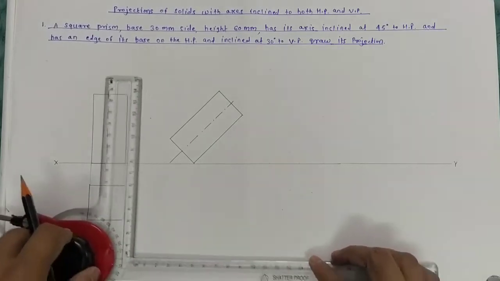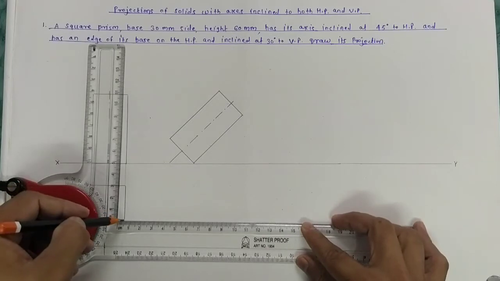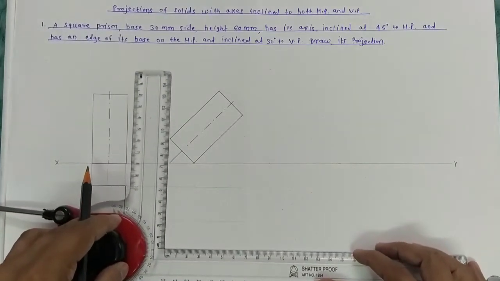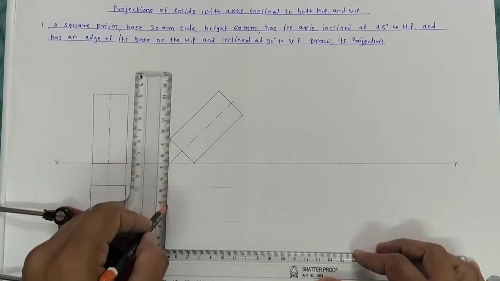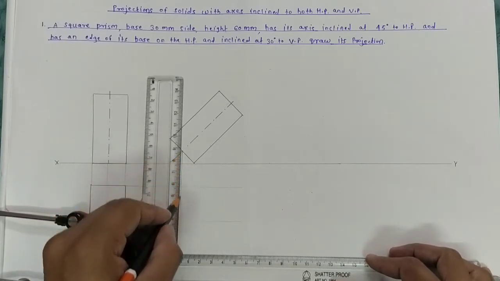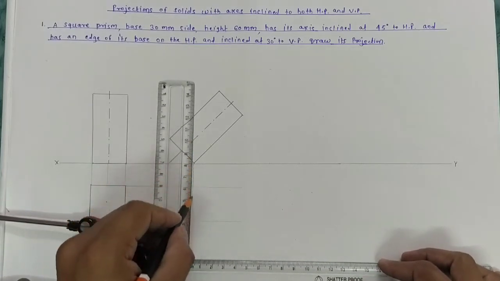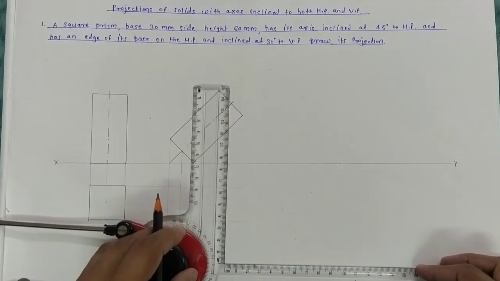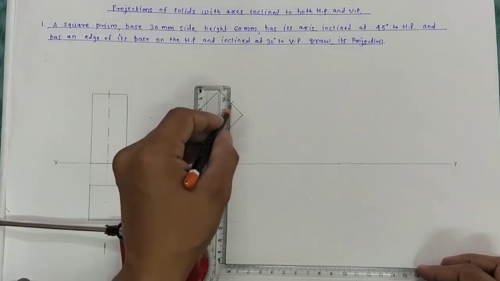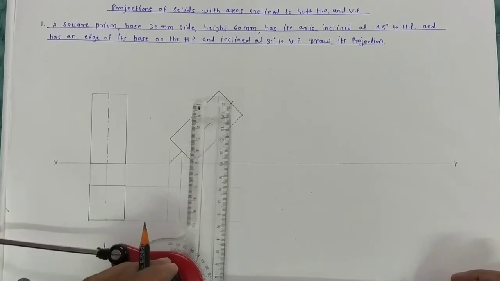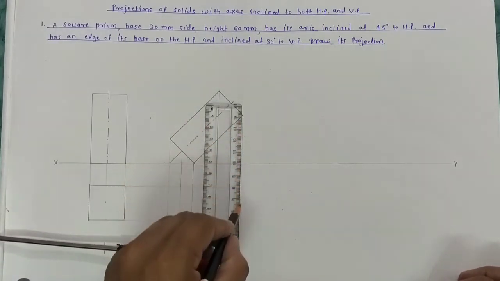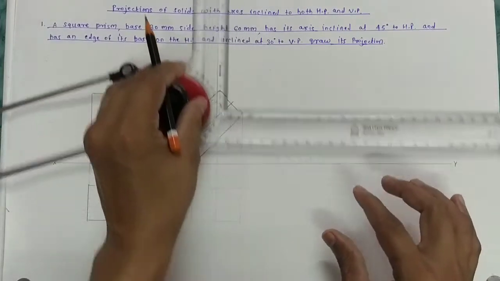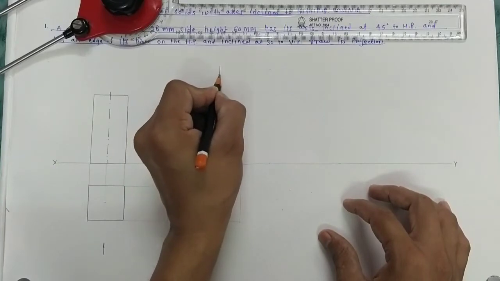Transfer all the points, transfer all the projectors from the front view to the top view. Now show the position of the observer.